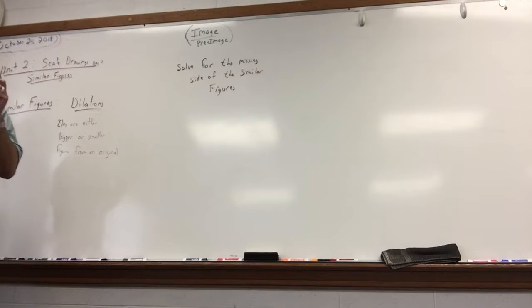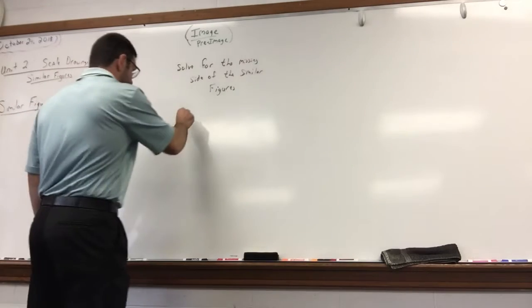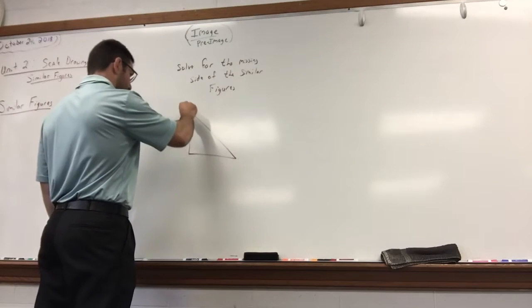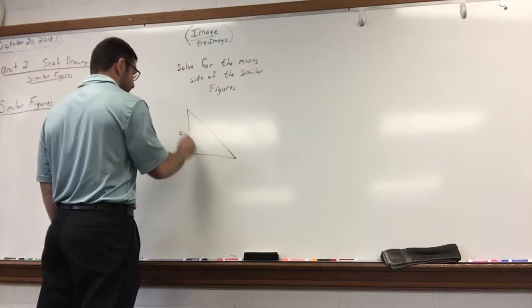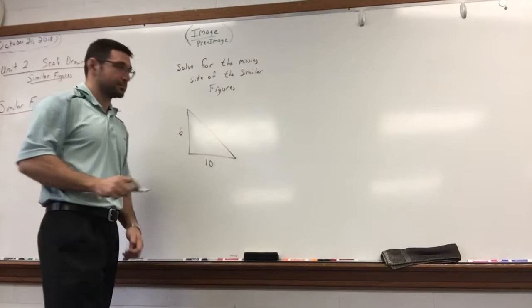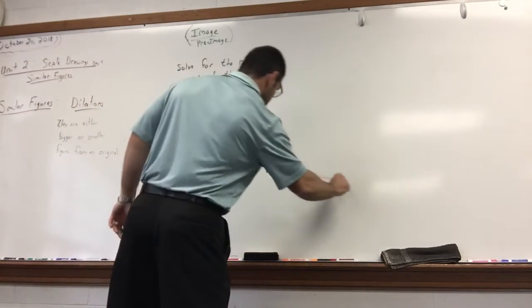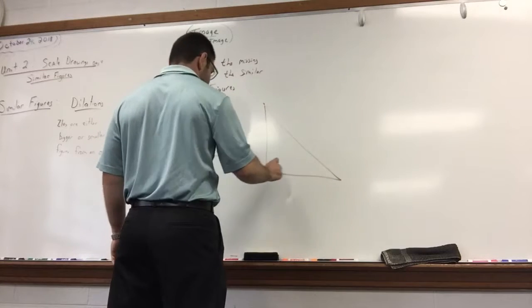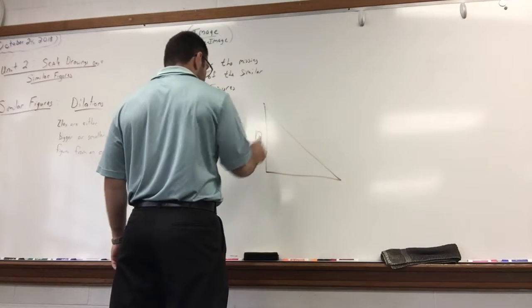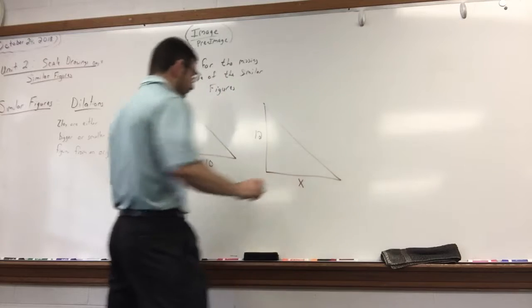Trust me, you're going to be able to do this. And you're going to be like, Mr. H, why didn't we start with this? So you're going to have this triangle, 6, 10. Then you're going to have this triangle. Woo-hoo. And it's going to say 12 and X.